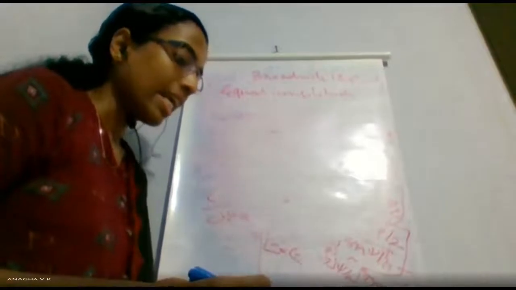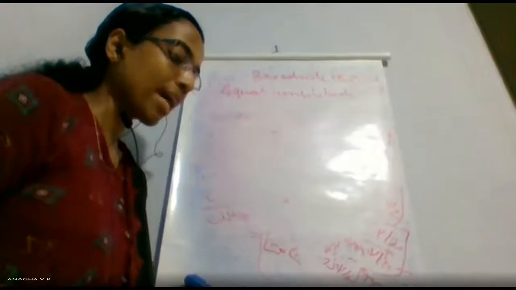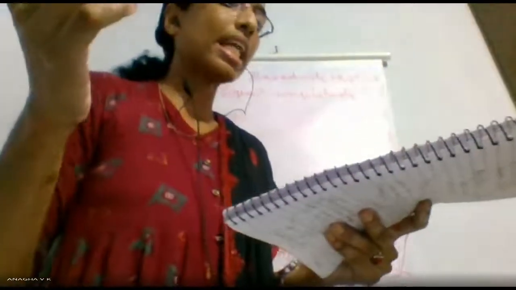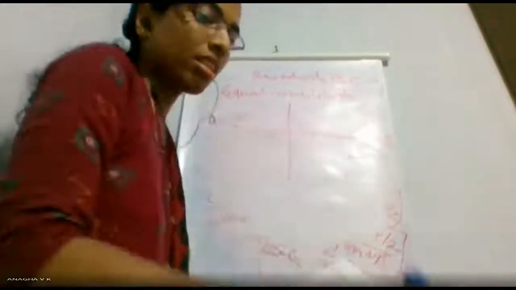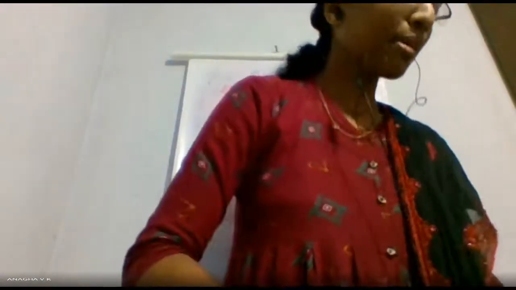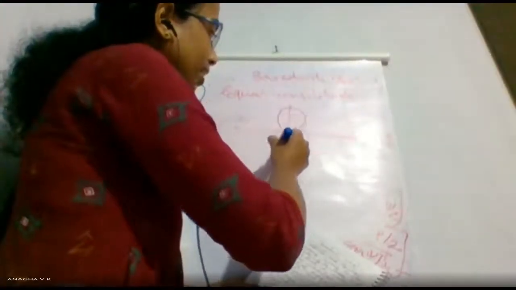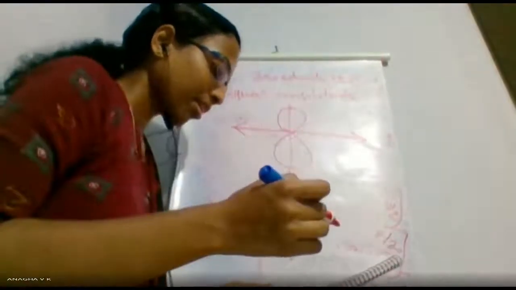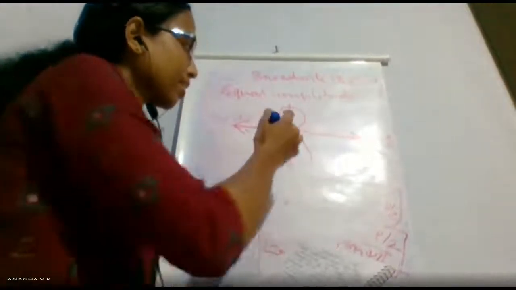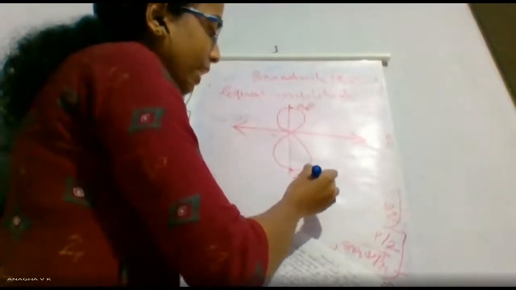So what? An array is said to be broadside if the phase angle is such that it makes maximum radiation perpendicular to the line array. Okay. So what is the maximum radiation? Maximum radiation is perpendicular to the line of array. That is 90 degree and 270 degree.